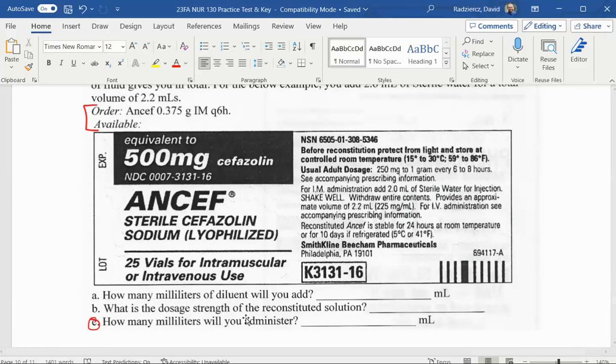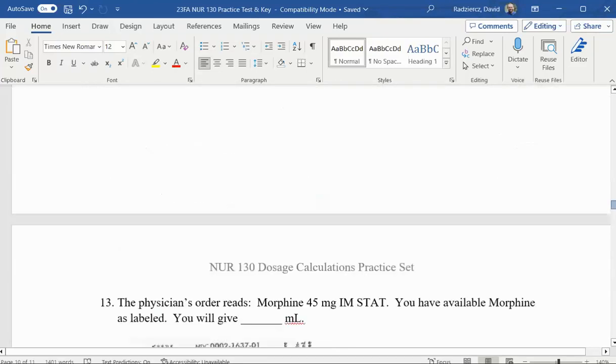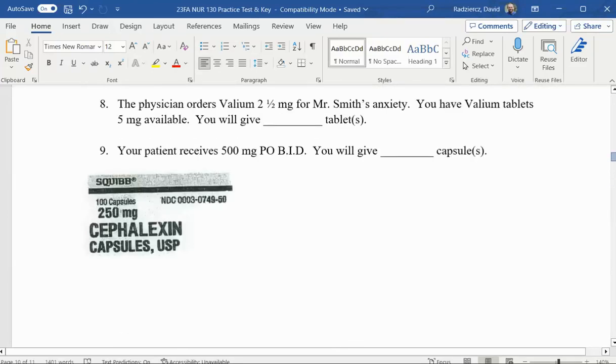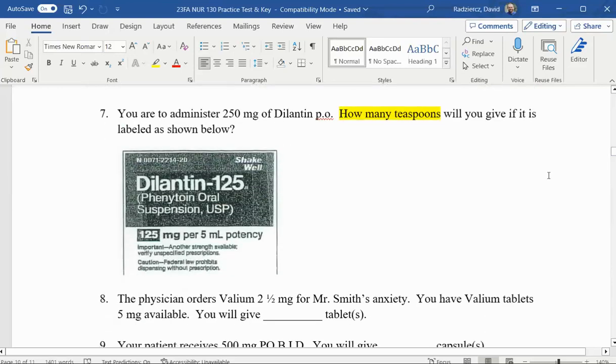Now, typically, when we do oral-based medications or liquid-based medications, it'll tell you the concentration. I'm going to scroll up to an example here. There's a Dilantin question. That's a good example. Dilantin is an oral-based liquid medication, and it's available at 125 milligrams per 5 ml. It tells you right there on the label.